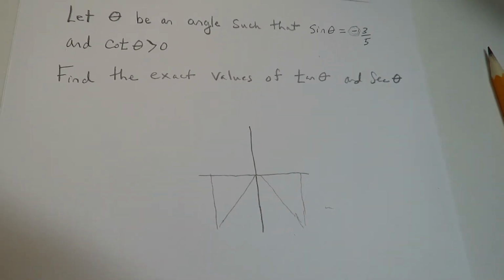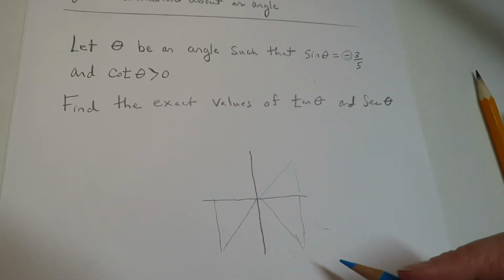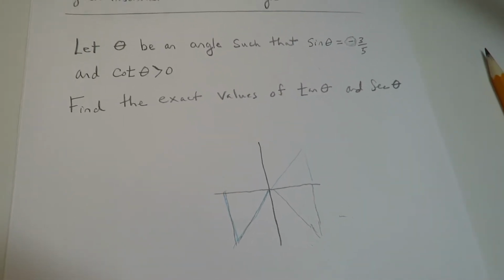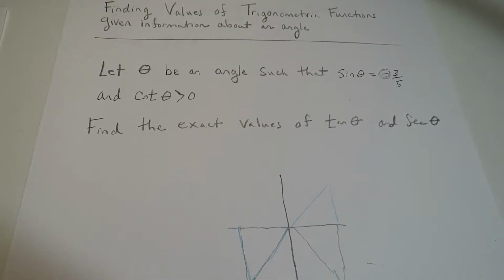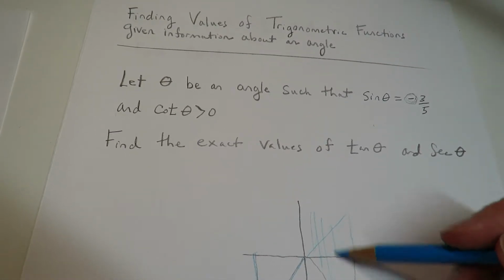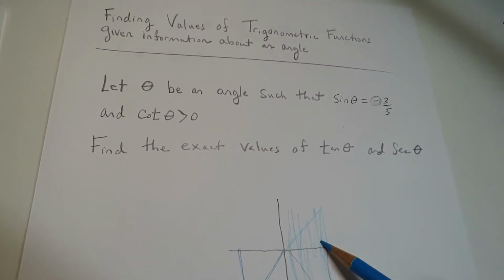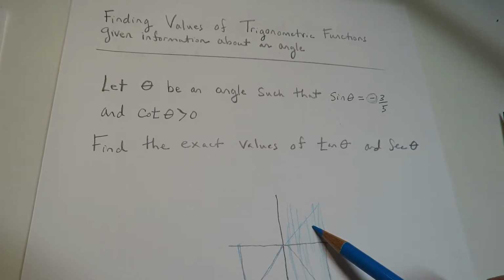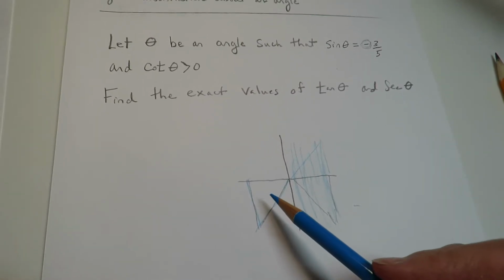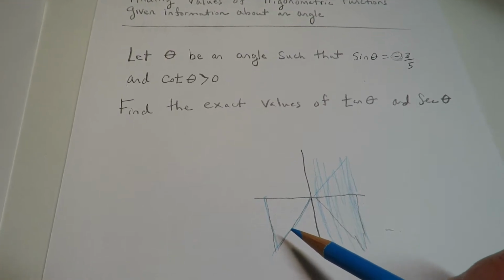The tangent is positive in quadrant 1 and quadrant 3. So you need the triangle where both of these statements are true. We're not going to use these, because here the cotangent is positive but the sine isn't negative, and here the sine is negative but the cotangent isn't positive. So the only triangle where both statements are true is this triangle here.